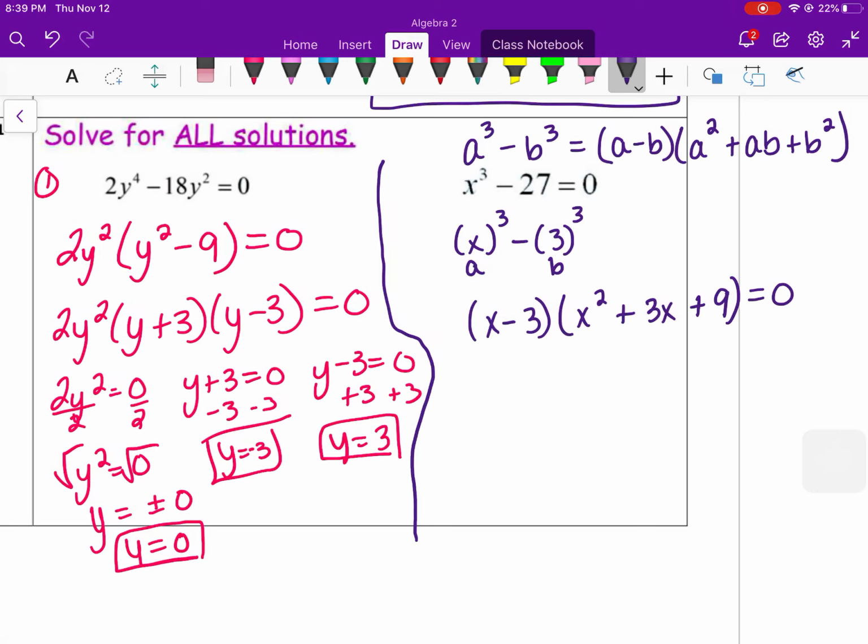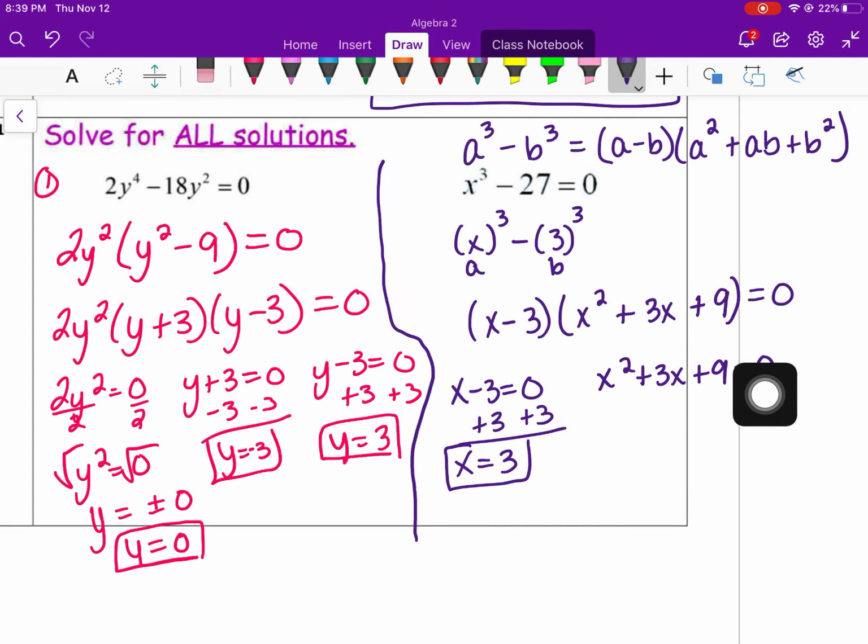and equals 0. So then we can set each factor equal to 0, so x minus 3 equals 0, or x squared plus 3x plus 9 equals 0, and solve. On the left we add 3, and we get x equals 3.